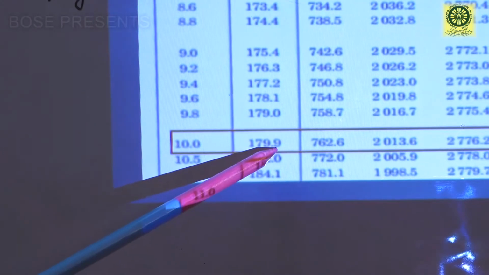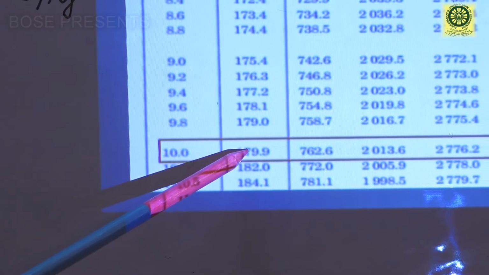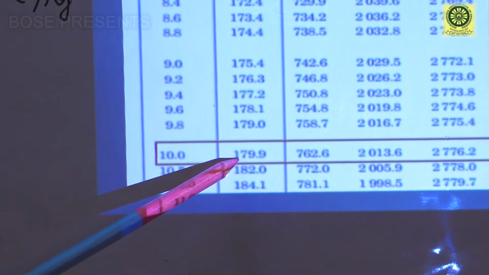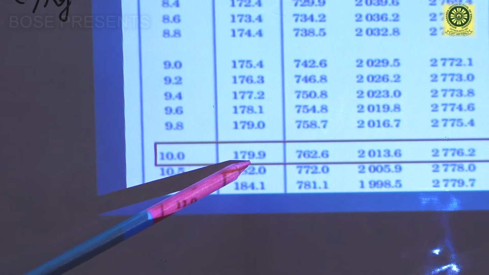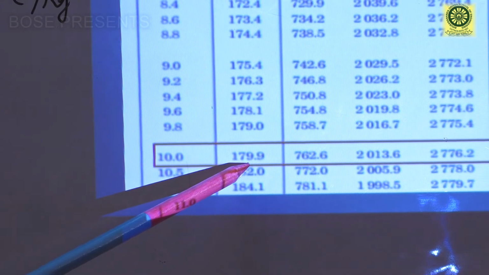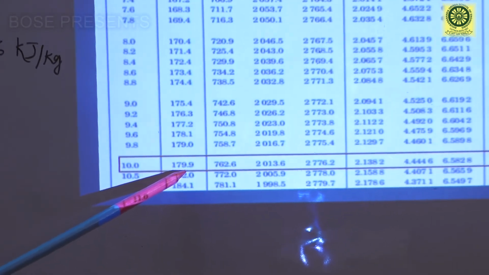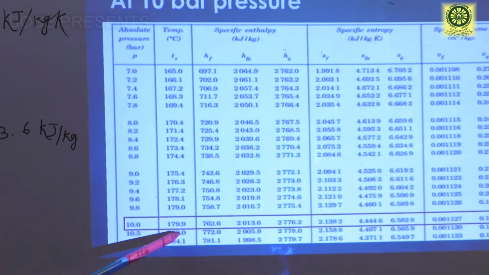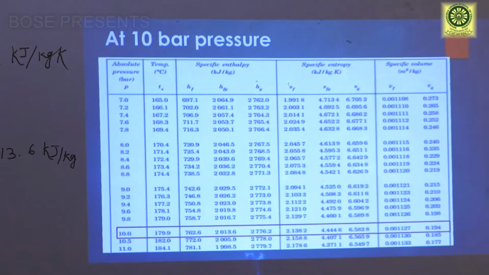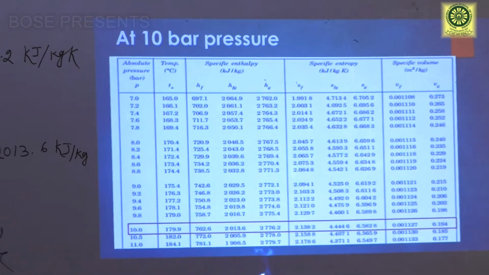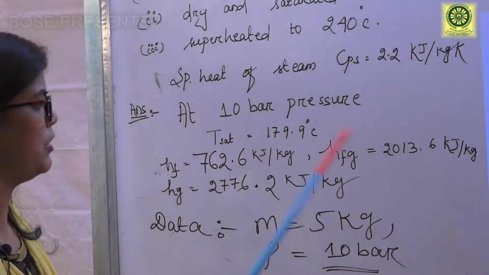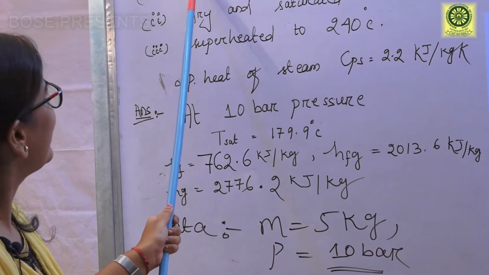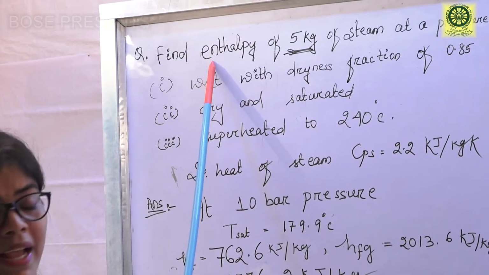That means at this temperature your water will be converted to vapor, and above that temperature your steam will be in superheated condition. So 179.9 degrees centigrade is its saturation temperature.